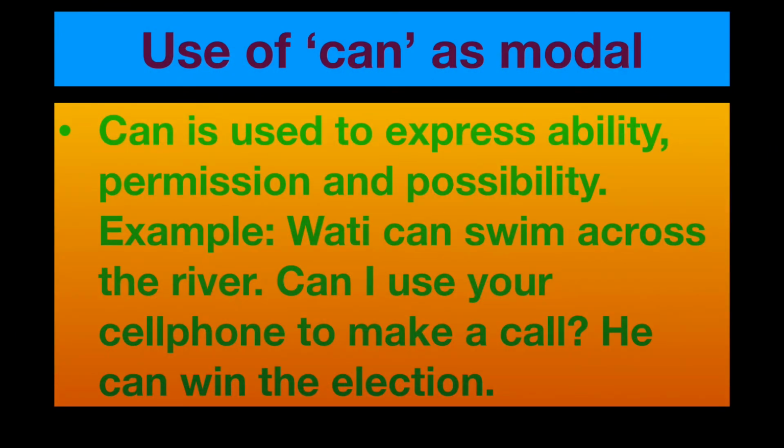Now, let's learn the uses of can as a modal. Can is used to express ability, permission, and possibility. In this sentence, Vati can swim across the river, Vati's ability to swim has been expressed.